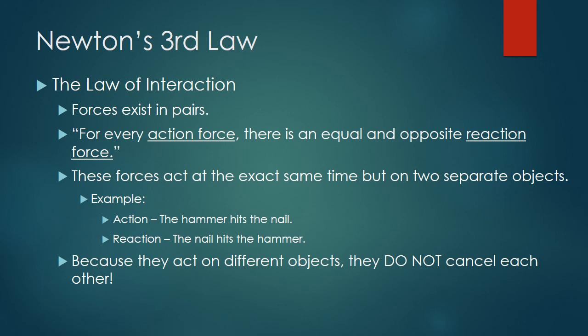Okay? I don't know if you ever hit something or like maybe slapped a table. You can hear the table gets hit, but it also hurts your hand a little bit. So the very, very important point to keep in mind is that the forces, when two objects come into contact like that, or any force for that matter, it's always going to be applied to two things, and it's always equal and opposite.